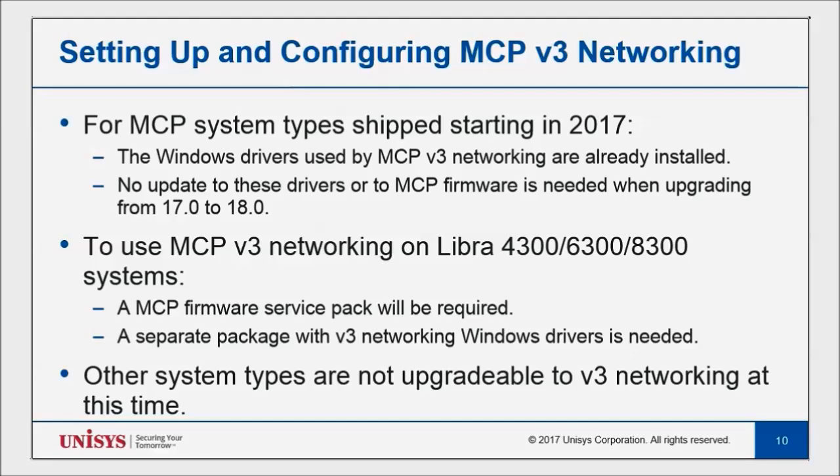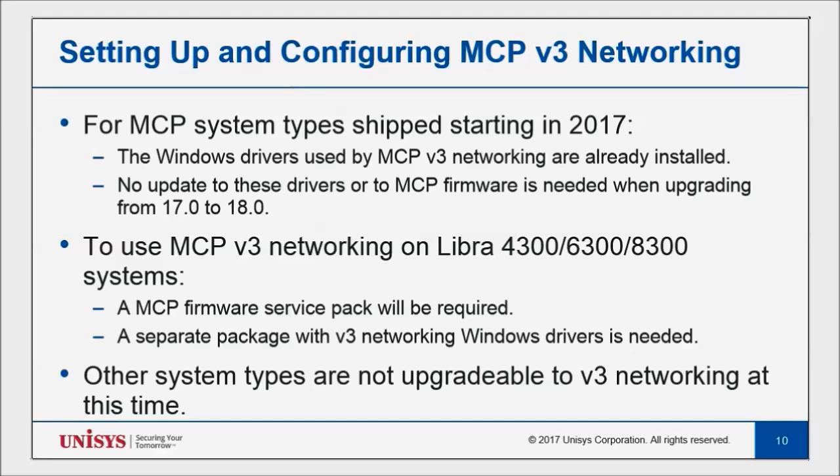For existing system types, we plan to allow TCPIP v3 to be used on the Libra 4300, 6300, and 8300 systems, and that will require an MCP firmware service pack, at least service pack 1, and then installation of a separate package with the v3 Windows drivers.